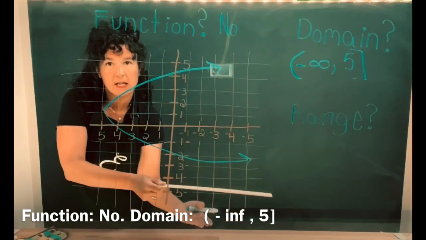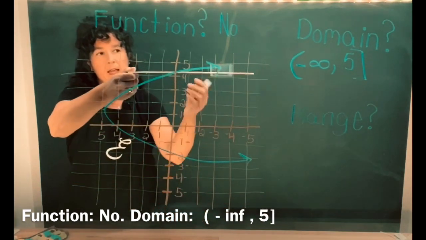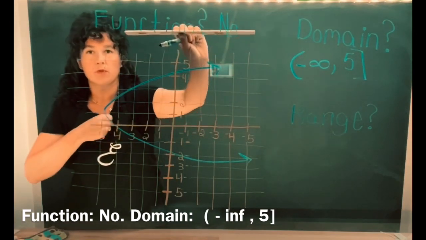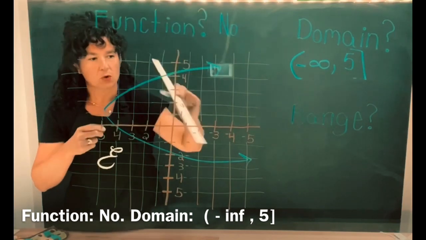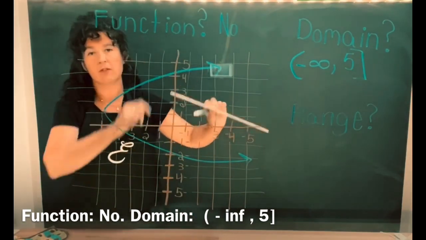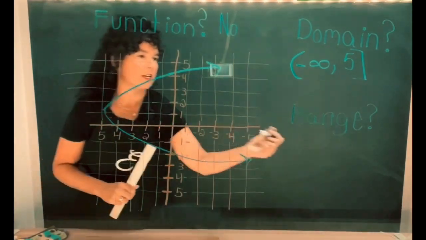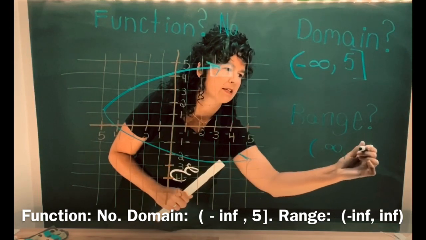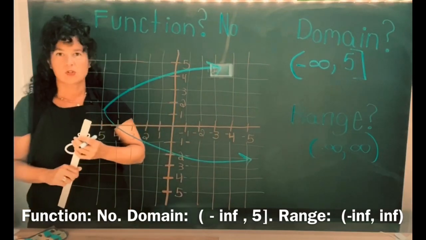So from negative infinity, and we remain in contact, and then this arrow is going up forever, so no matter how high I move this horizontal line, we're going to be in contact as well, because the graph is going forever down and forever up. So from negative infinity through positive infinity. Again, parentheses, smallest to largest. So that's our range.